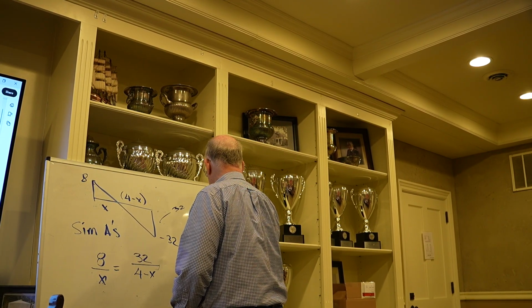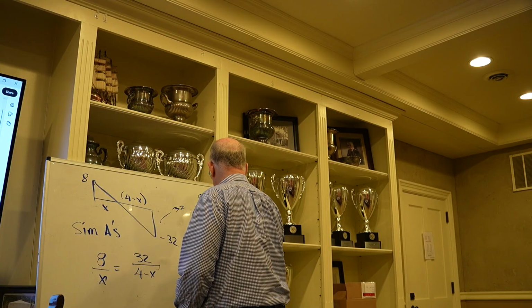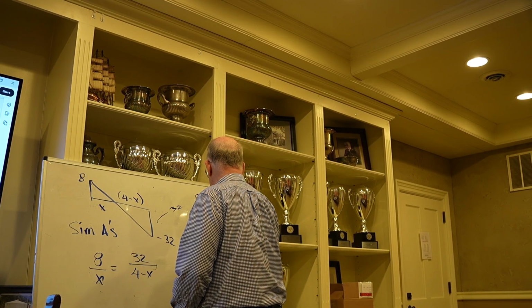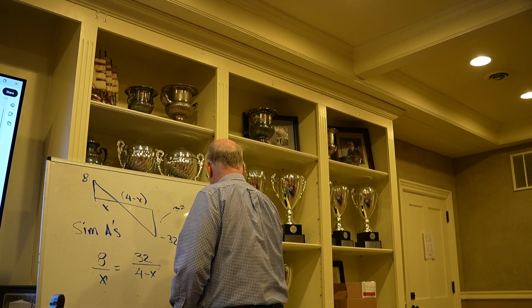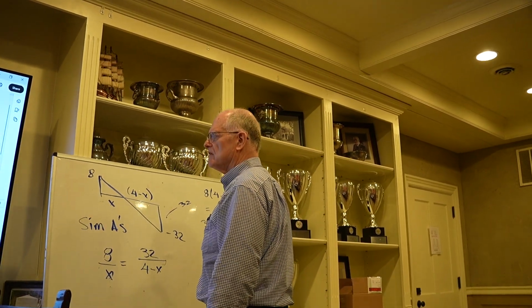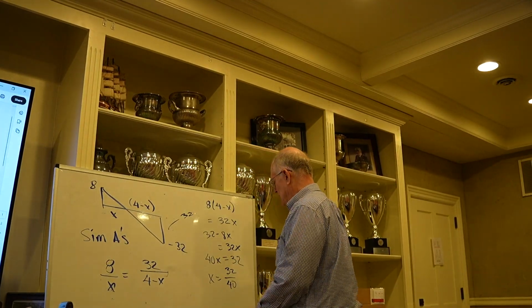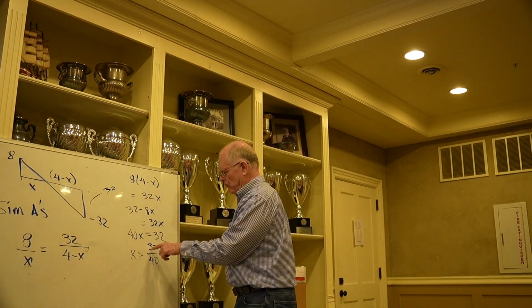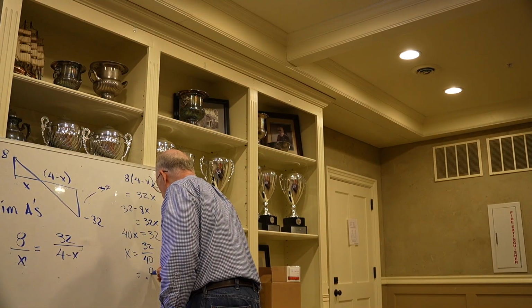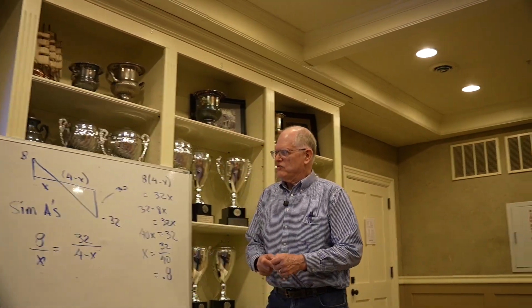Then you got 40x is equal to 32, and x is equal to 32 over 40, which is 4/5, which is 0.8. Okay? So that's one way to get x.